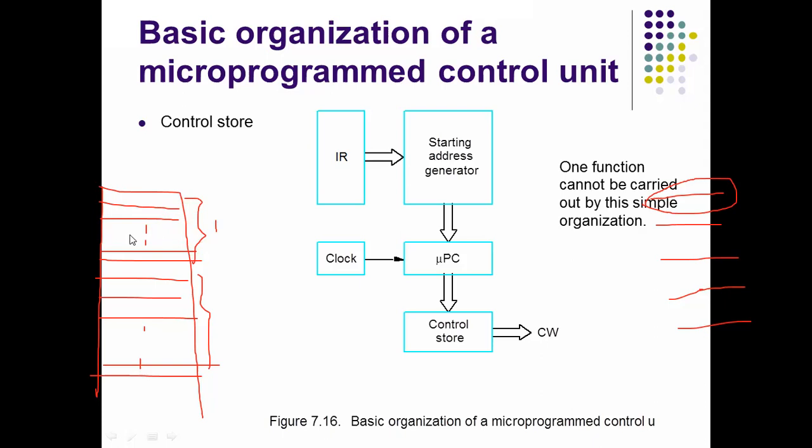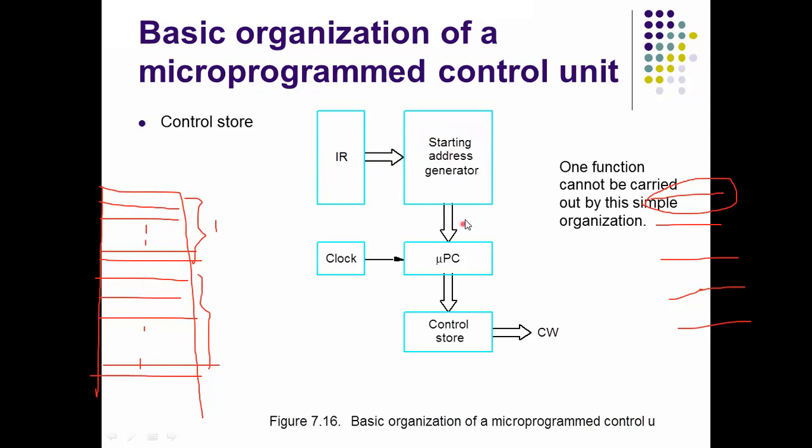Okay, so for the first instruction, this is the first instruction starting address. Next, this is the second instruction starting address. So if you are taking one instruction here, that will be given to the starting address generator. Then that instruction will be placed at that address location.